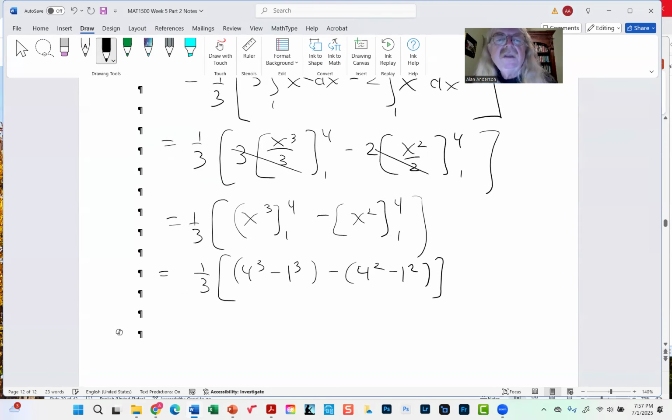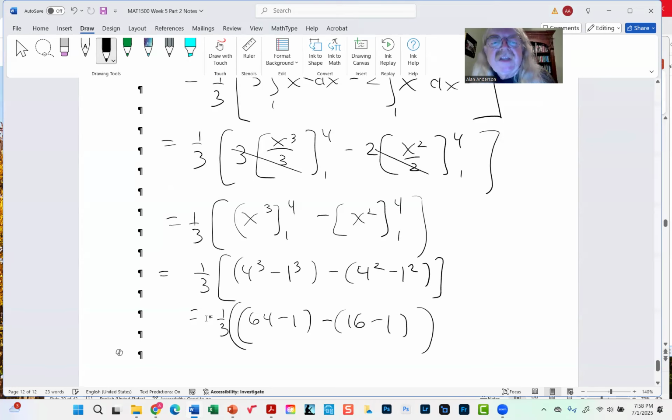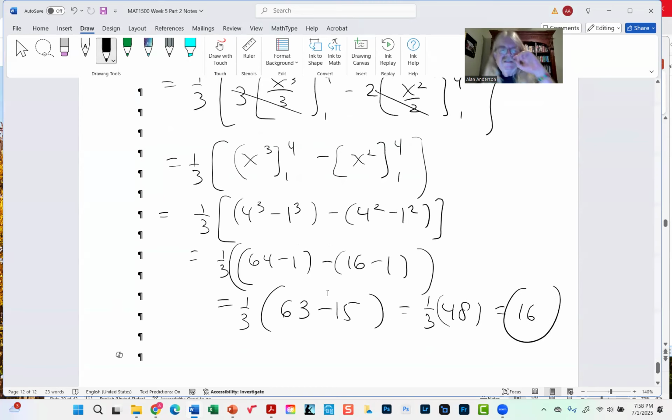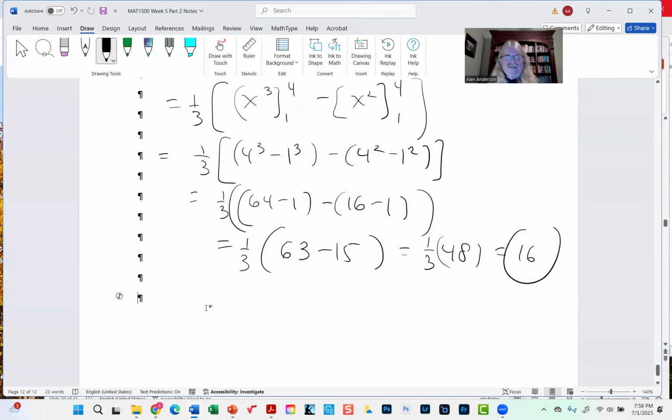I've solved for the integrals and then I've evaluated it at 4 and at 1, and I subtract one from the other, like we did earlier. And now we just have to sort through all the rest of it. And there we go, 16. Very good.